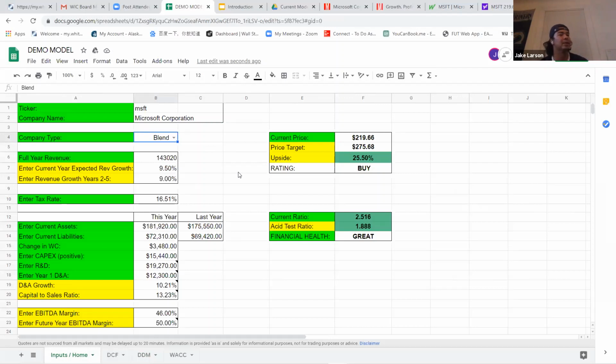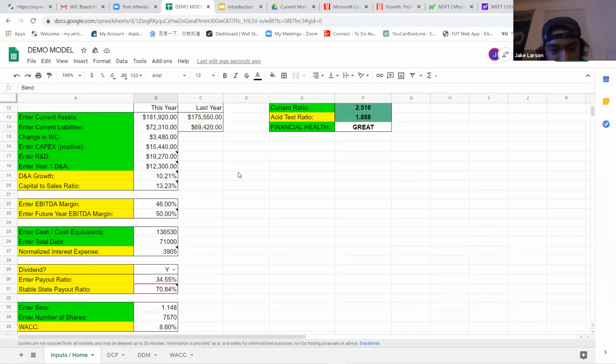For a growth company that might have a WACC right now of 13%, their WACC in 10 years is probably not going to be 13%. It might be something like 10 or 8. So the model lowers that value over the coming years, while with a blend company it keeps it a little more constant. So we see that the price target goes down as we keep that WACC a little bit higher.